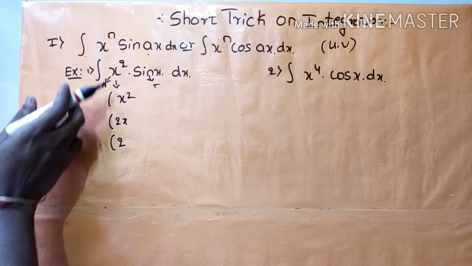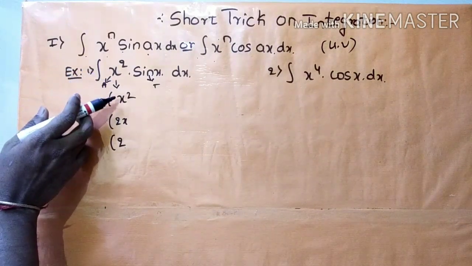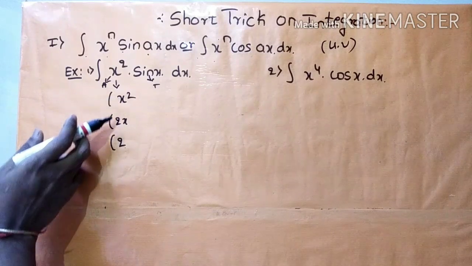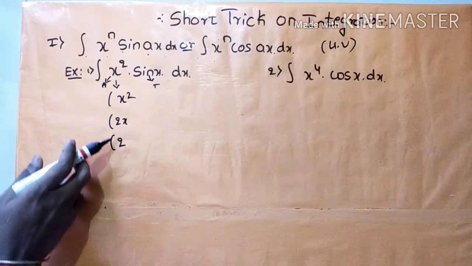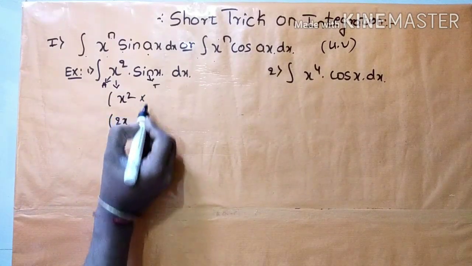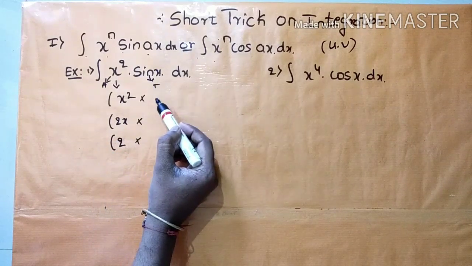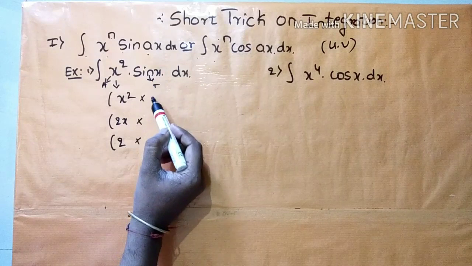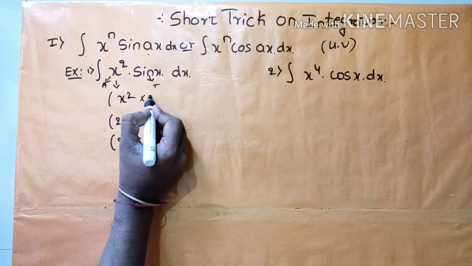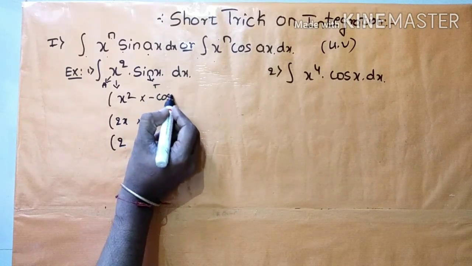First we have to start with the same algebraic function x square, then differentiation of x square is 2x, then differentiation of 2x is 2. Then into, be careful here, don't write this function as it is, integrate this function. Write here, what is integration of sine x, that is minus cos x.